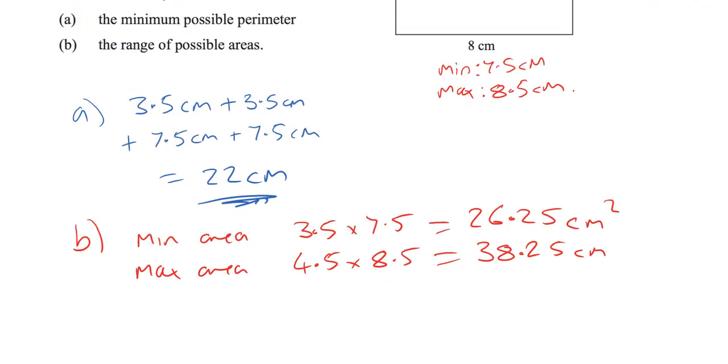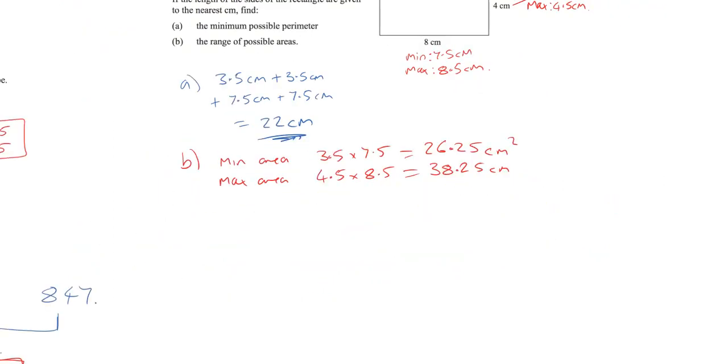38.25 centimeters squared. Now, maybe I could write this as an inequality statement to really represent this. So my area, well, I know for a fact that it's going to be bigger than 26.25, right? And I know that it is going to be smaller than or equal to, I guess, 38.25.